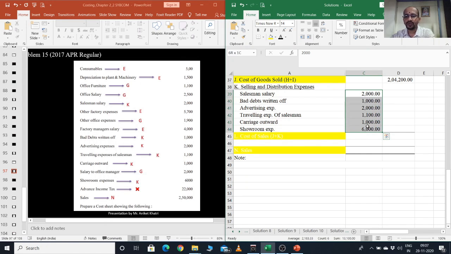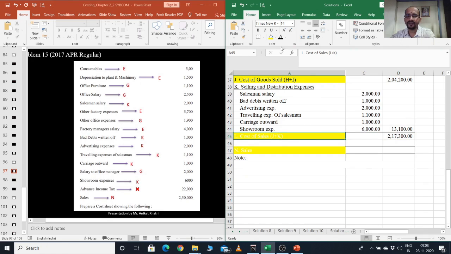Now do the total of this and write in outer column, that is 13,100. Add this amount to the cost of goods sold and you will get the amount. This is your cost of sales, that is 2,17,300.